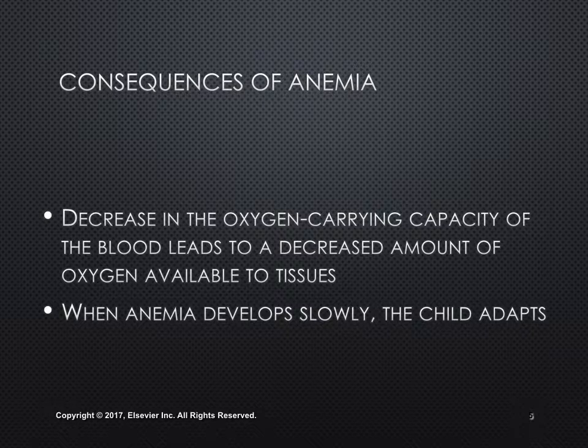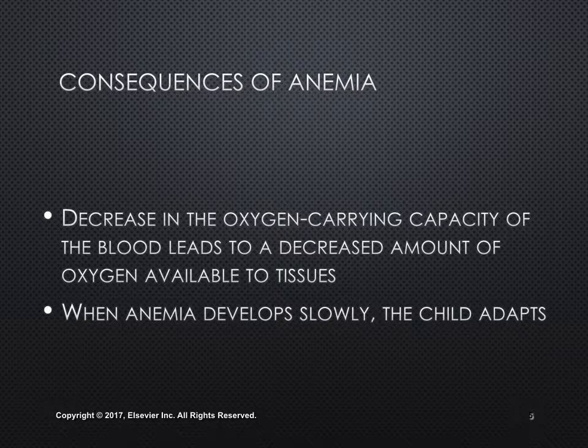If we don't have enough oxygen, the cells aren't able to metabolize as well, or we may have a coexisting anorexia that goes along with chronic severe anemia. And so we may see delayed sexual maturation in an older child as well as growth delay in a younger child.